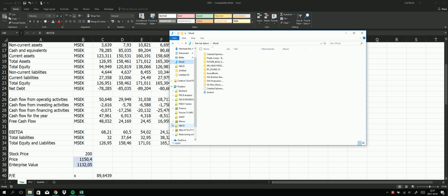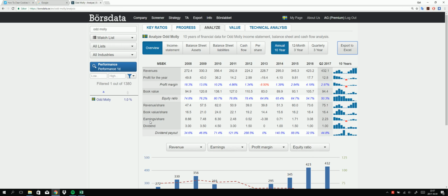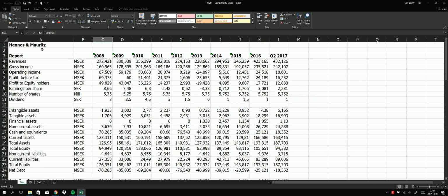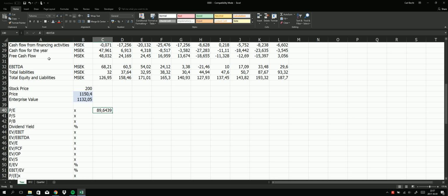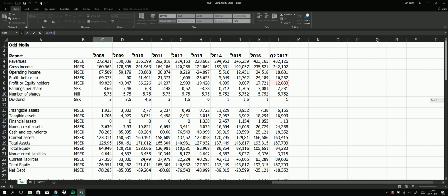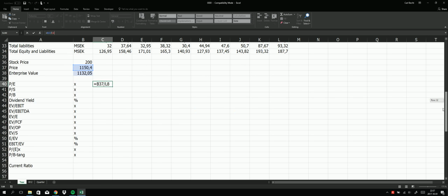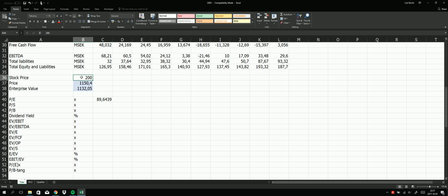Let's see. Oh no, this is Odd Molly. It was the wrong company. Anyways, does this make sense? No, because Odd Molly is priced at about 40 kroner. Yeah, so that makes more sense. So keep doing that.